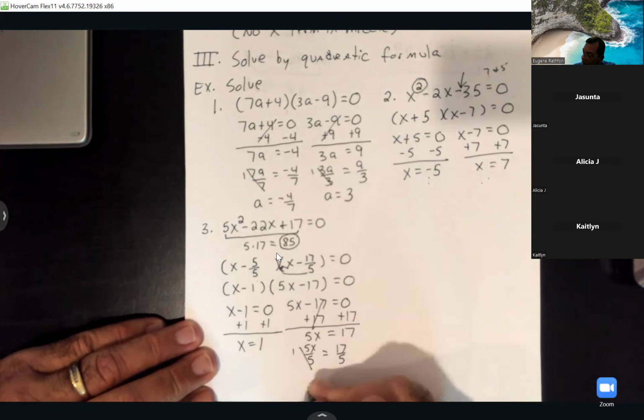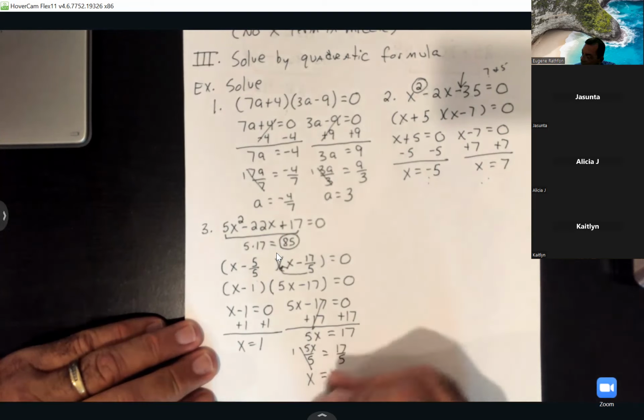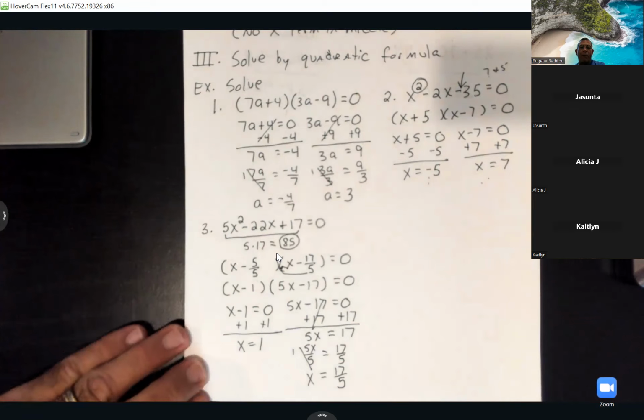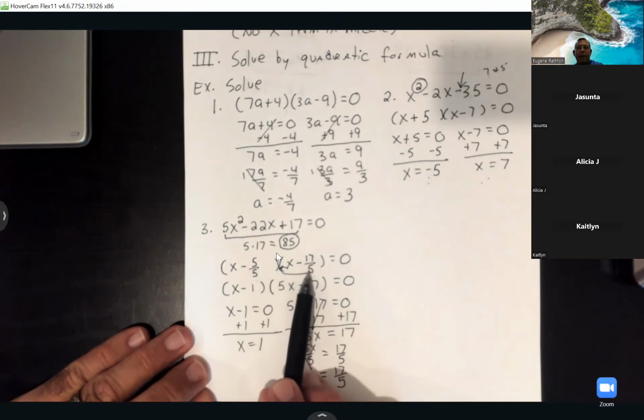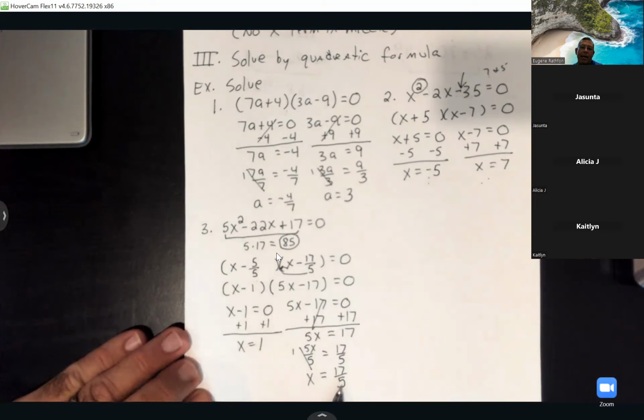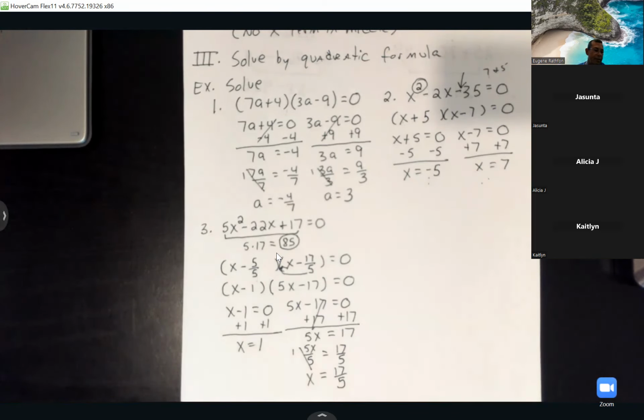So that cancels, giving me my 1x. And 17 divided by 5, we can't reduce that. So I'm going to keep that 17 over 5. Notice if this fraction was a negative 17/5, this answer is a positive 17/5. The answers are always opposite in sign to them factors, remember, okay?